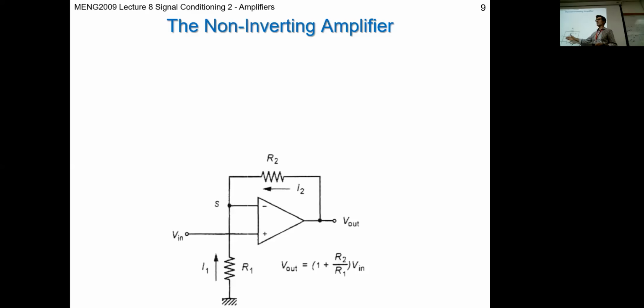And then we also know that the voltage at the positive pole is going to be equal to the voltage at the negative pole. So if you start from those two simple rules or characteristics of the ideal op amp, you can actually get to derive the output. So you want to try? No? All right.